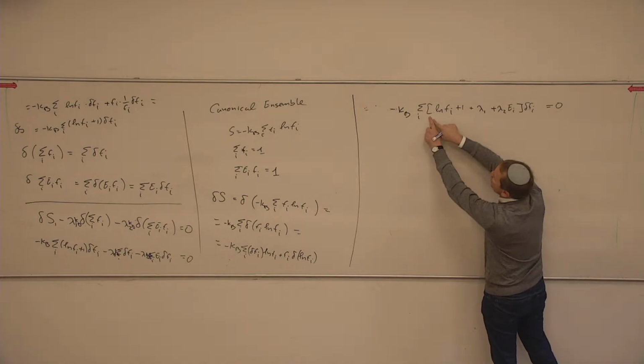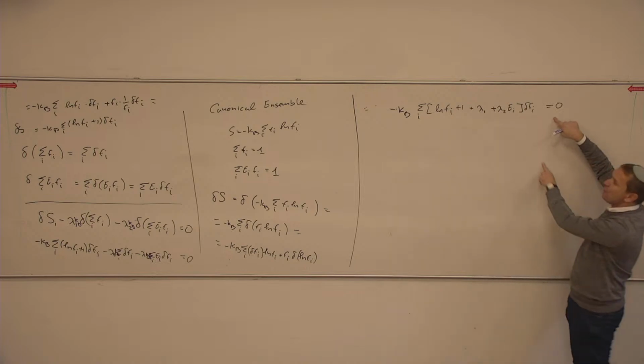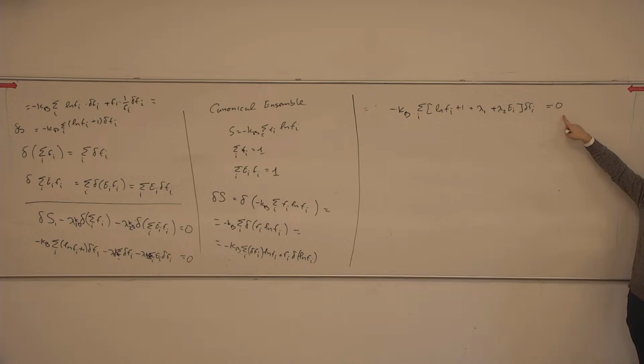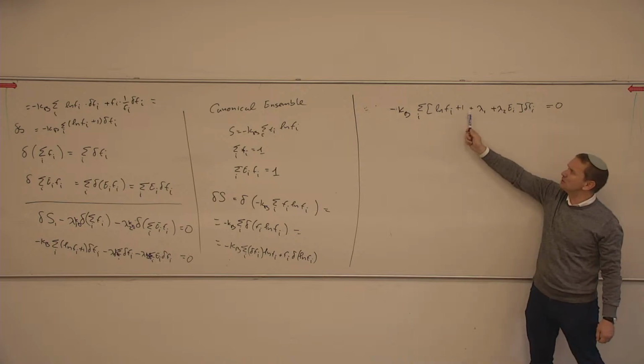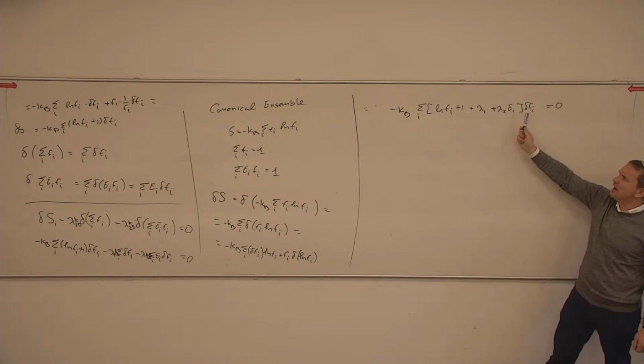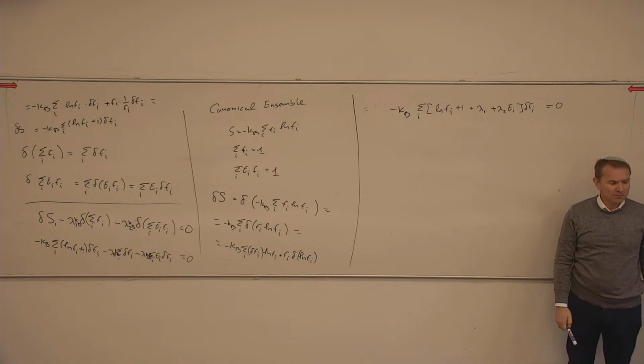So I have a sum. Whatever stands in the square brackets are independent somethings. And I know that the whole sum has to be equal to 0. Now, since all the different fi's, and therefore all the different log of fi plus 1 plus lambda 1 plus lambda 2 ei, are independent from each other, okay?